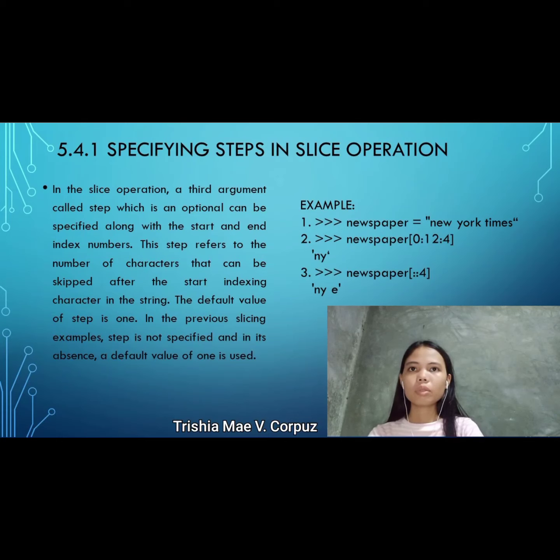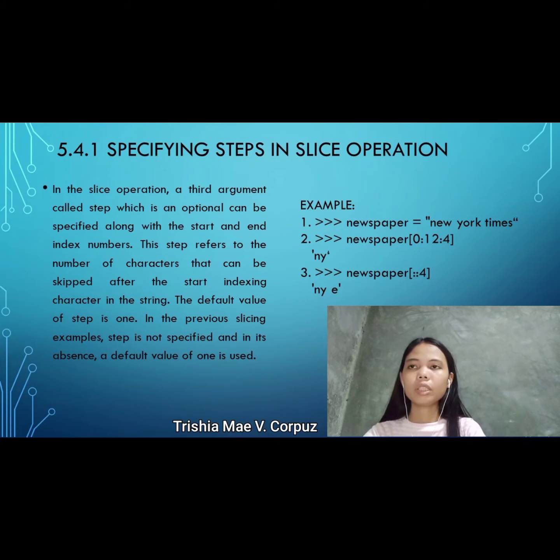You can omit both start and end index values to consider the entire range of characters in the string by specifying 2 colons while considering the step argument, which will specify the numbers of characters to skip. At ang number of character na ini-skip dito ay 3. Kasi every fourth character ang kukuhanin niya, kaya 3 lang ang ini-skip.